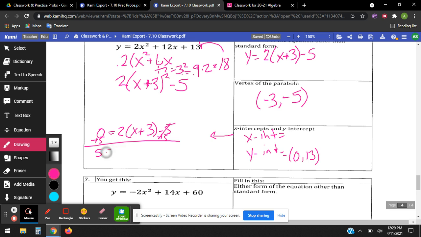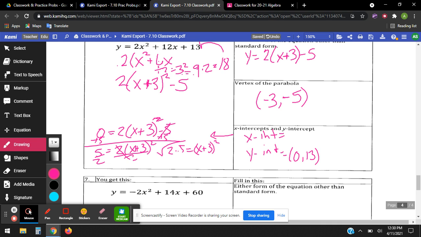And 5 equals 2x plus 3 squared. Divide by 2. So 2.5 equals x plus 3 squared. So I need the square root of 2.5. Let me get my calculator here.